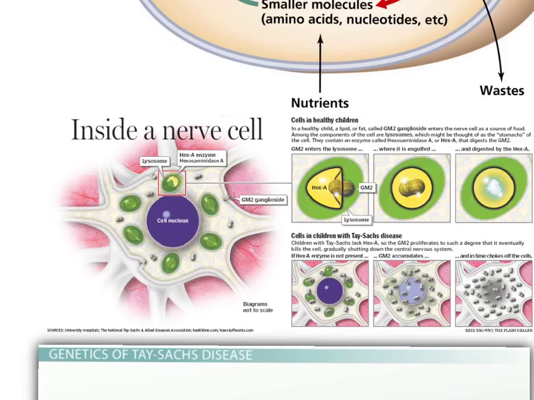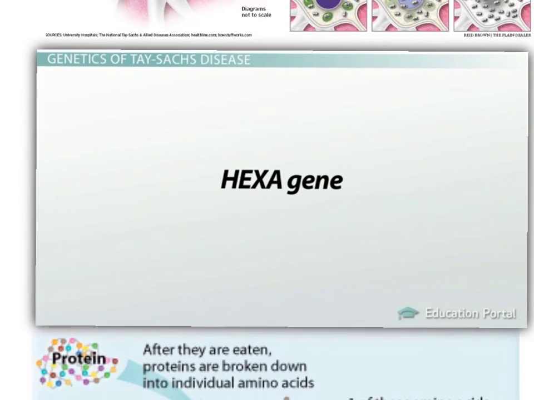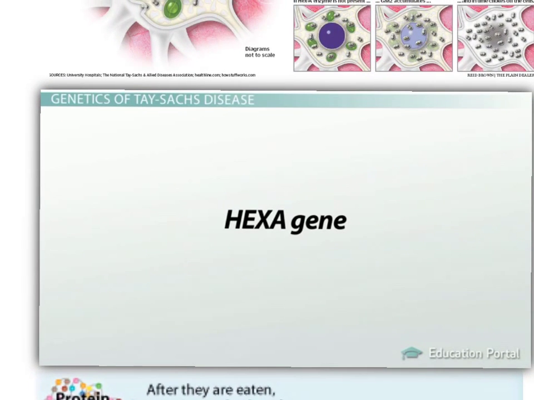For a child with Tay-Sachs, the ganglioside enters the lysosomes but isn't broken down because Hex-A is not effective at breaking it down, and therefore these lysosomes accumulate this ganglioside within the cell body and eventually kill off the cell. If I can show you below an animation which will help you understand what's going on there.